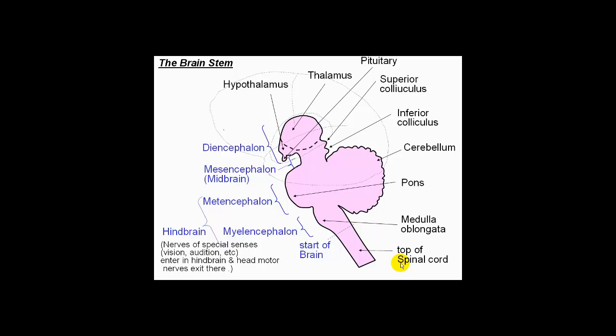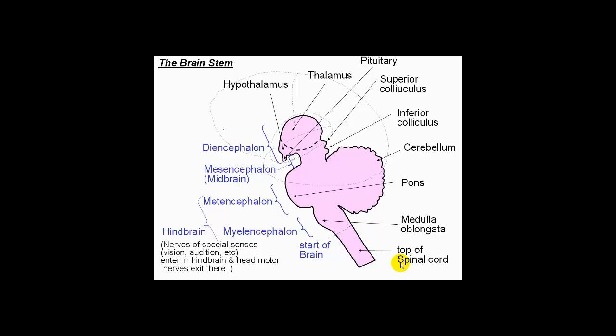Now, the divisions of the brain that these landmarks allow you to distinguish are, starting again at the bottom: the part with the cerebellum, the pons, and the medulla all together is called the hindbrain.